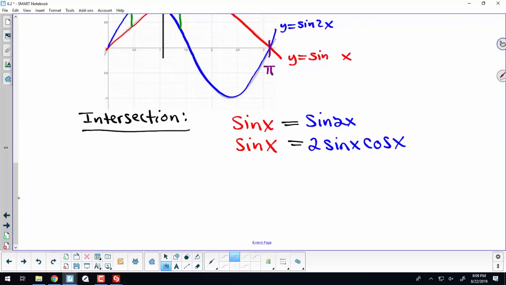All right, so we don't want to just divide out sine, because sine x could be 0, and in fact it is 0 in this region. We can divide, but we have to consider 2 cases: when sine x is 0 and when sine x is not 0. So let's not do that.